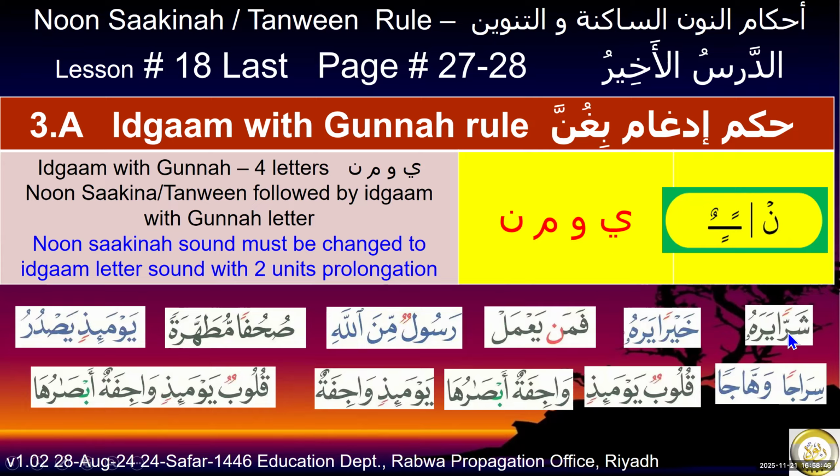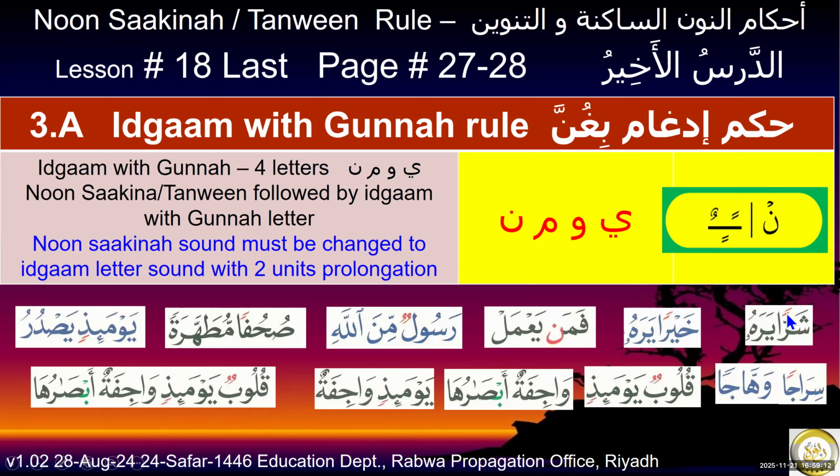Example here: ra is having fathatain on it, followed by letter ya. Ya is one of the letters of idgham ma gunna, idgham with gunna. So remove one of the harakat from the tanween: fathatain, kasratain, dhammatain. If it is having fathatain, remove one fatha.